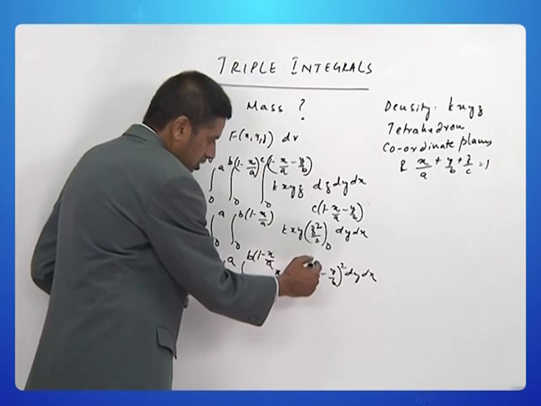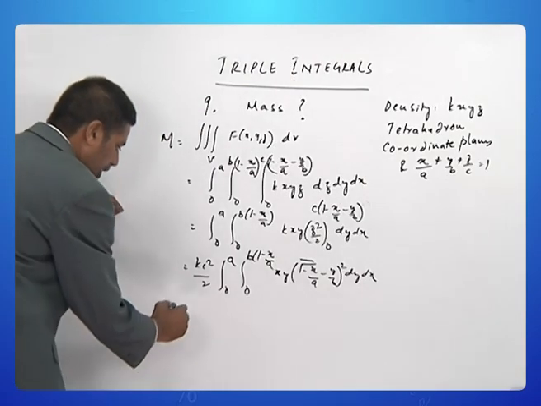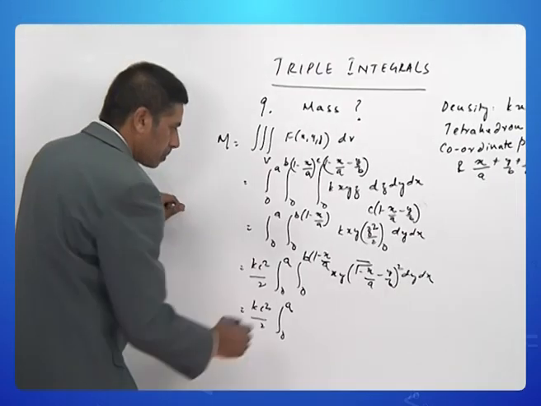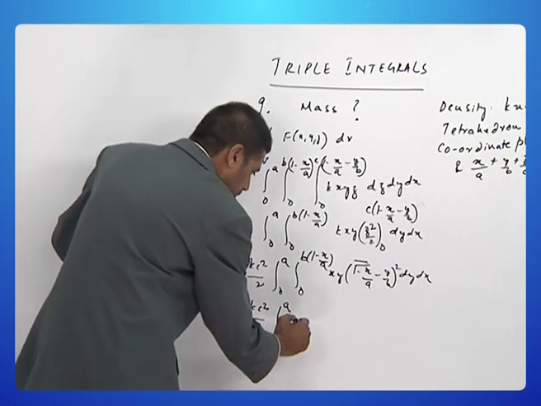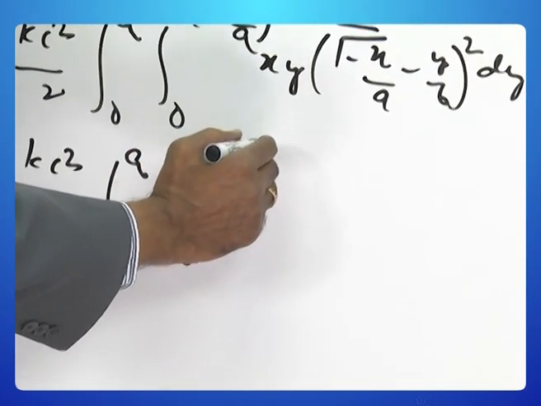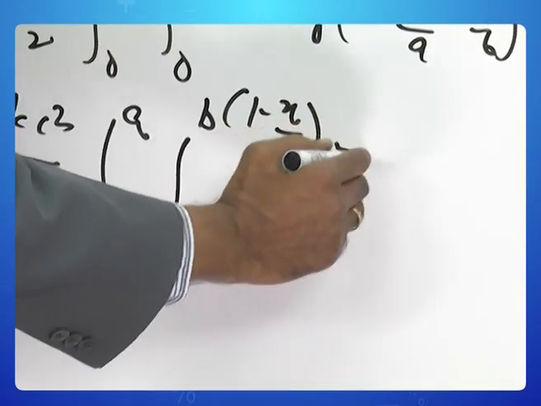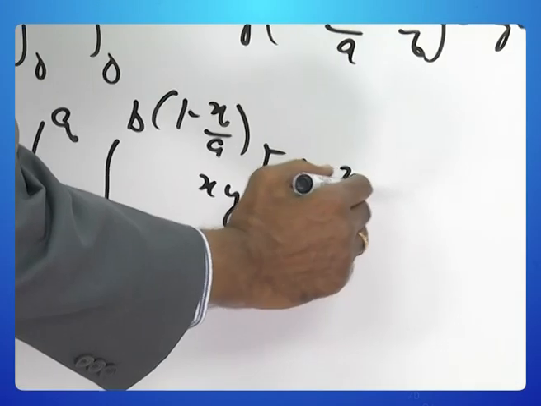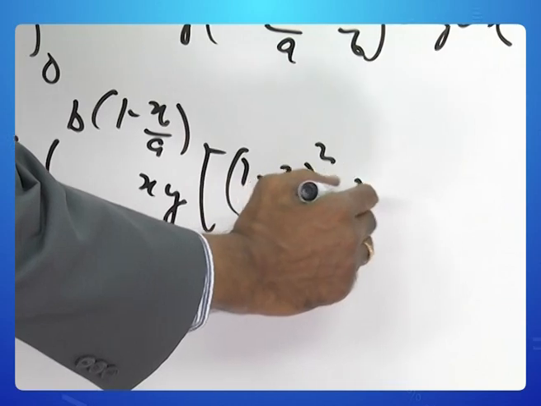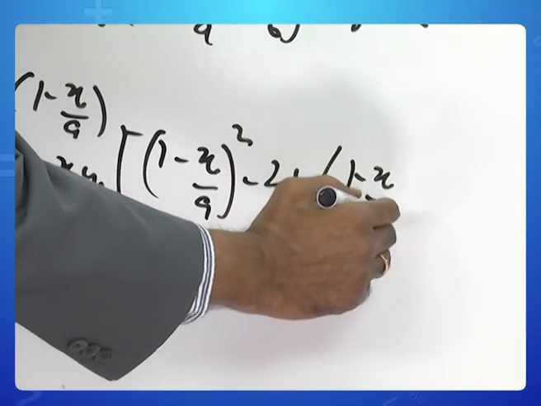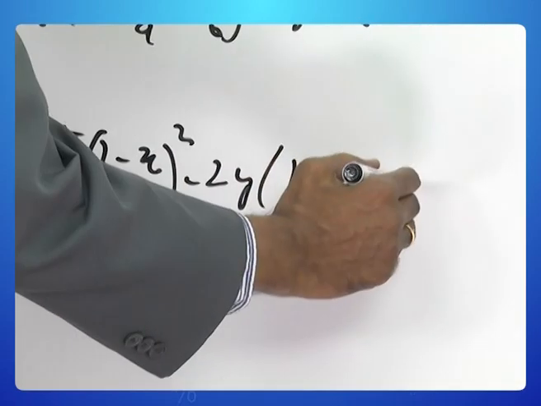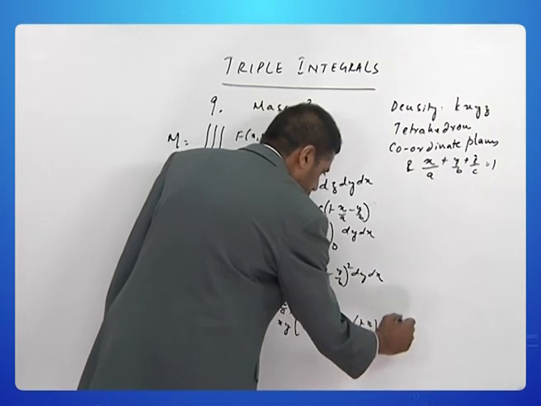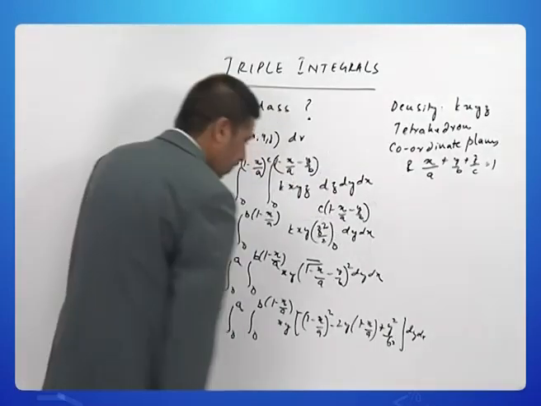So let's expand this with this as constant, and you will have k c square by 2, 0 to a, 0 to b into 1 minus x by a, x y is there, 1 minus x by a whole squared minus 2y into 1 minus x by a plus y squared by b squared dy dx.